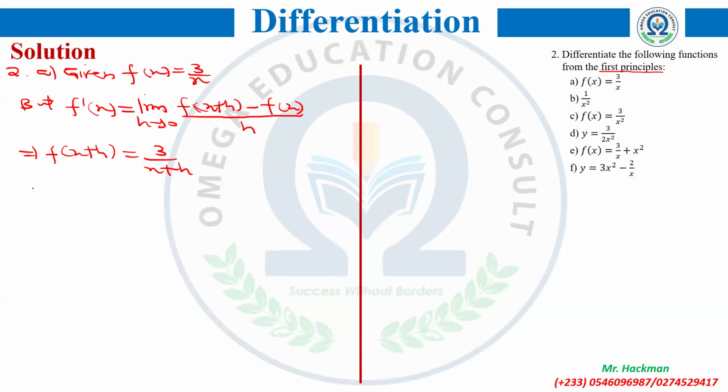When carrying out substitution, therefore, f prime of x, which will be the first derivative of f of x, will be equal to the limit as h approaches 0 of f of x plus h, which is 3 over x plus h, minus f of x, which is 3 over x. But don't forget, it's the whole of this over h. Am I clear?